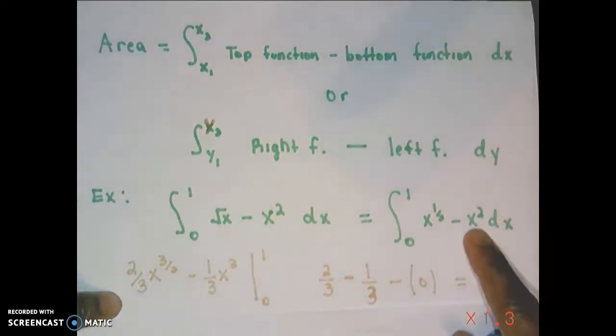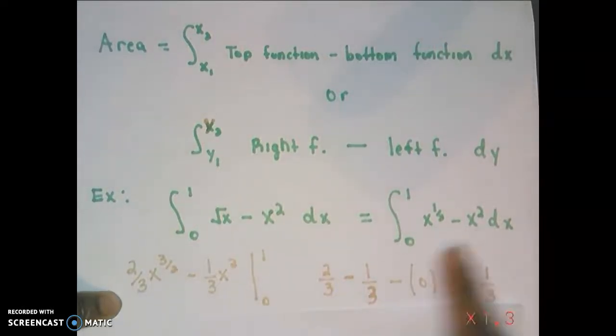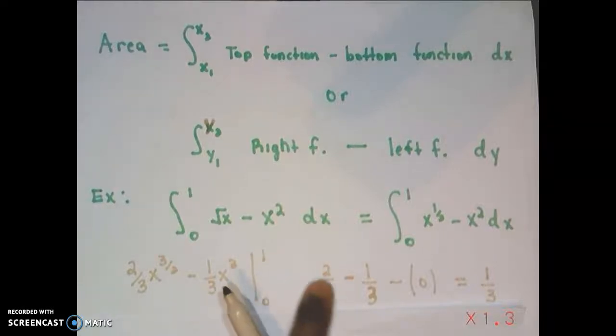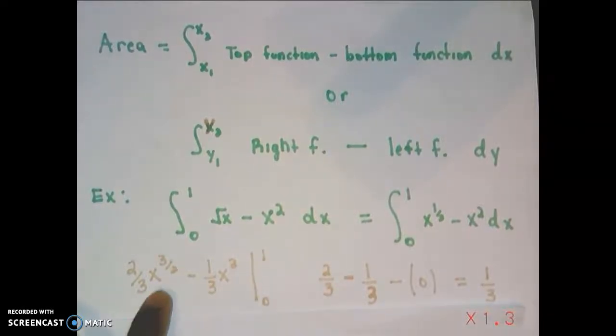And in this case, I have x to the second power, so if I add 1 to 2, that gives me 3, and the reciprocal of 3 is just 1/3. Now I need to plug in the limits of integration, so I'm first going to plug in 1. Well, 1 to any power is just 1, so I'm going to get 2/3 minus 1/3. Then when I plug in 0, that gives me 0. So I have 2/3 minus 1/3, so that just gives me 1/3.